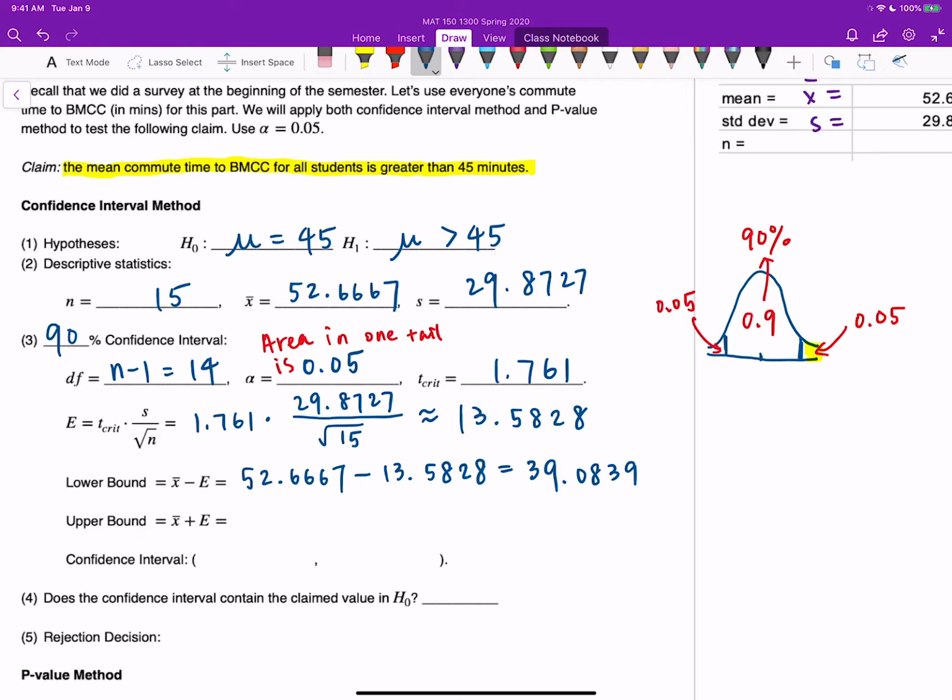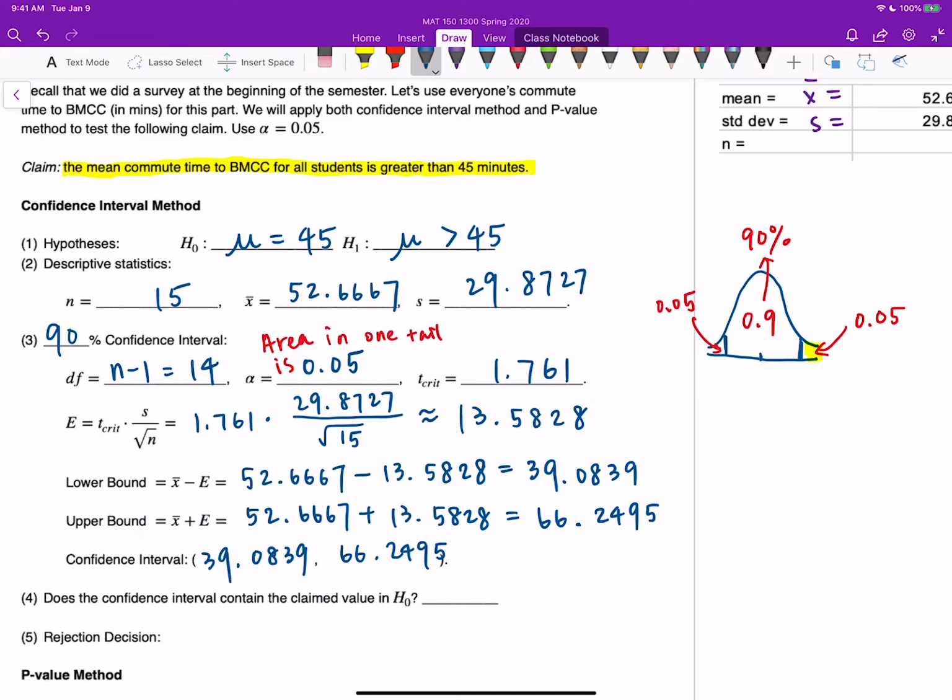Upper bound, instead of subtracting, we are adding. And that will give us 66.2495. Therefore, our confidence interval is 39.0839 to 66.2495. As we expected, it's a pretty wide confidence interval.